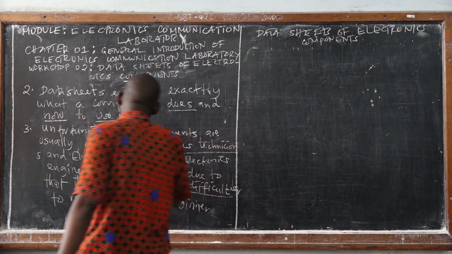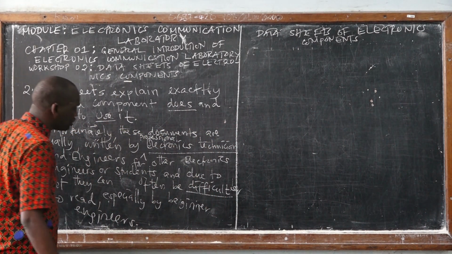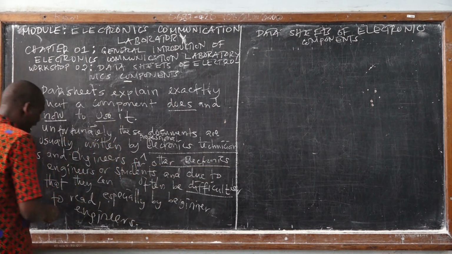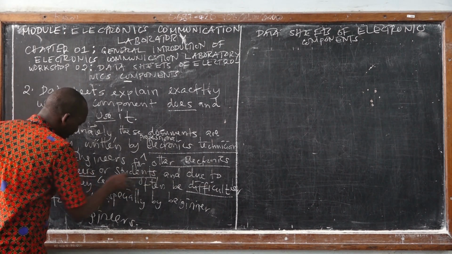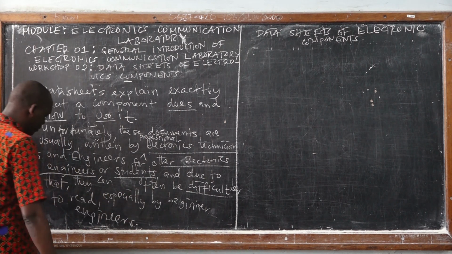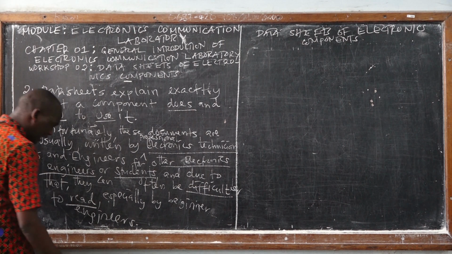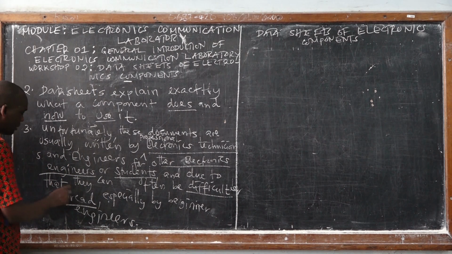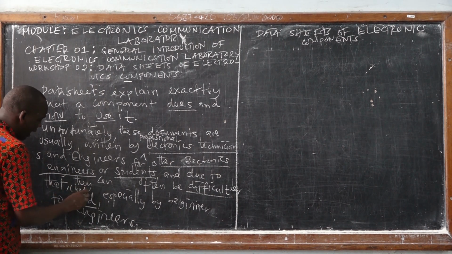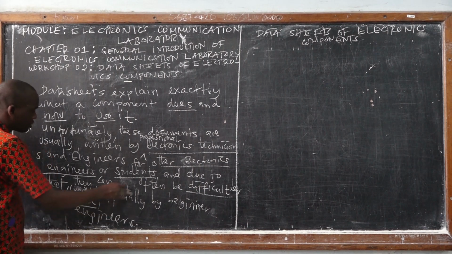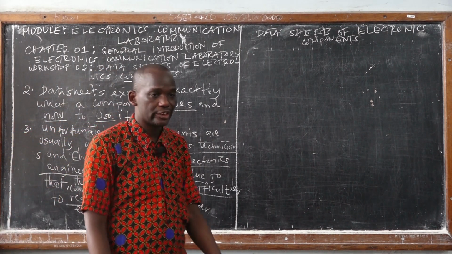So unfortunately, these documents are usually written by professional engineers or electronics technicians for other electronics engineers or students like you, and due to that, they can often be difficult to read and understand. In other words, they can be difficult to understand. Why? Because you lack some technical skills in electronics. Simple like that.